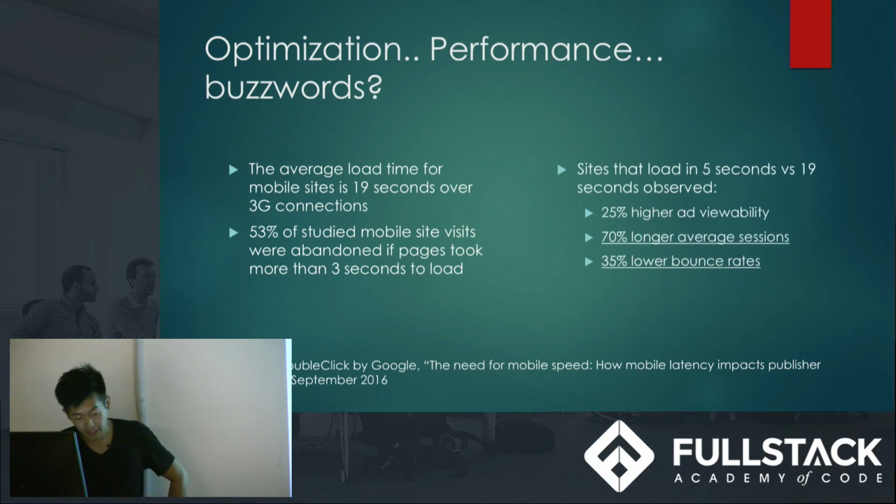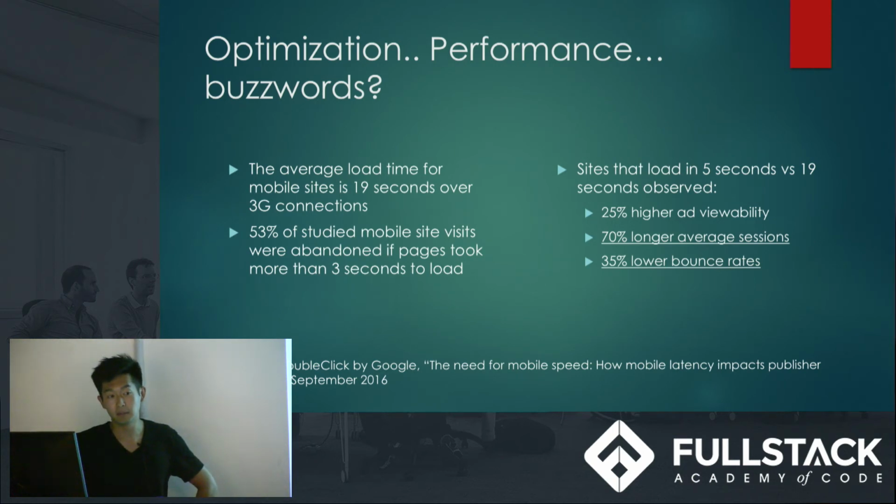Comparing 5 seconds to the 19 seconds observed, we realize there are some differences, the biggest one being 70% longer average sessions. You retain people; people want things as quickly as possible, and at this point in time, that's what we have to deliver.